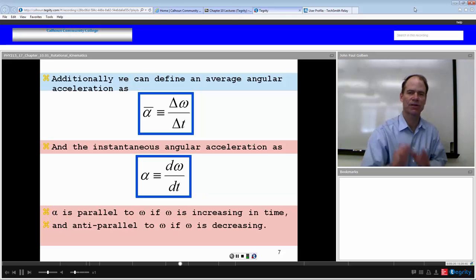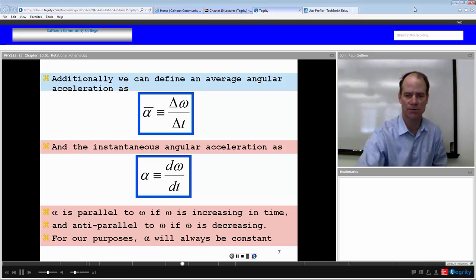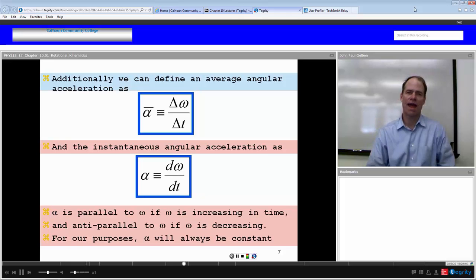So increasing in time, same direction as the angular velocity. Decreasing in time, 180 degrees, opposite direction. For our purposes, our angular acceleration alpha will always be a constant quantity. So the average angular acceleration will be the same as the instantaneous angular acceleration.